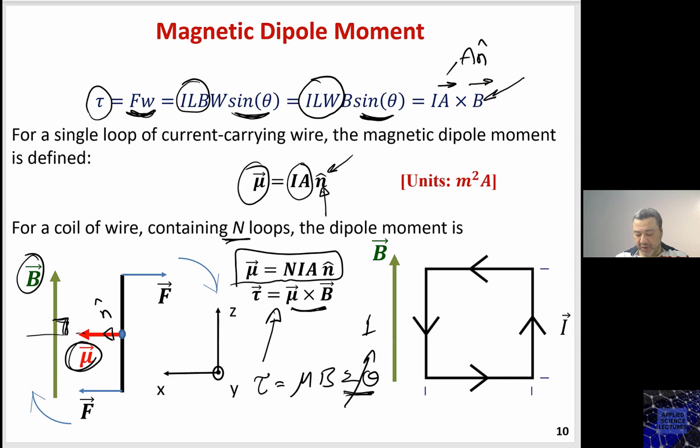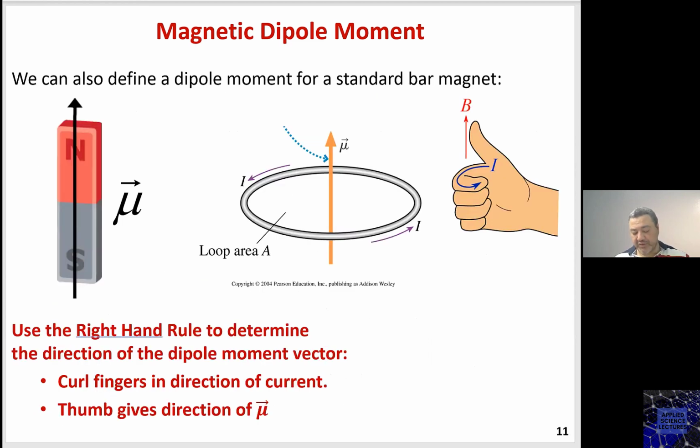So when the loop is parallel to the magnetic field, I have the torque being maximum. Now let's look at this loop and the magnetic dipole moment. How do we define the direction of the magnetic dipole moment?